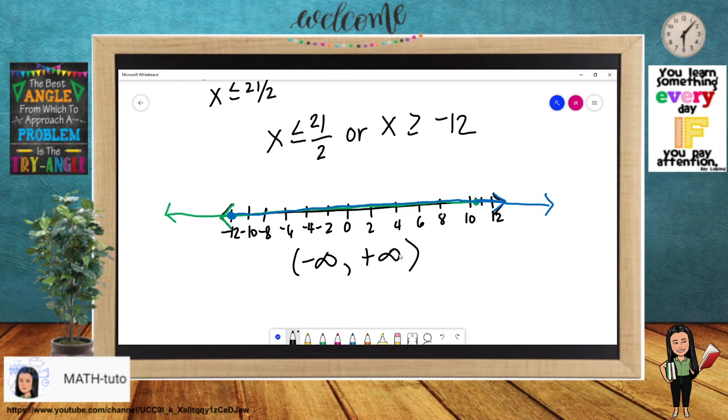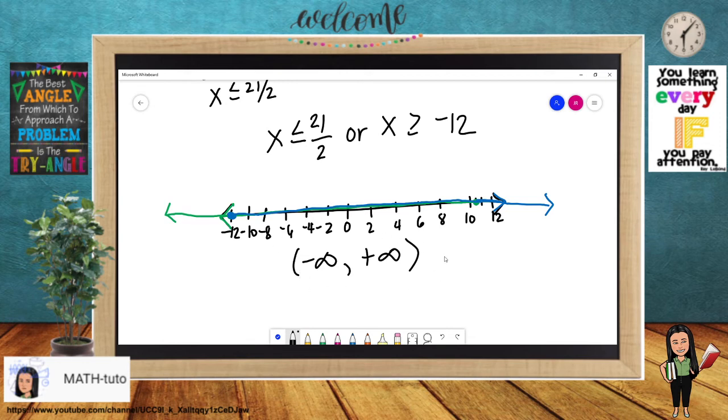We will no longer write it as brackets with 21 over 2, from negative infinity until 21 over 2, then from negative 12 until positive infinity, because the two overlap to cover all of the real numbers. So, instead of writing it as a union of two intervals, since that union is equivalent to the set of all real numbers, we write it this way in interval notation.